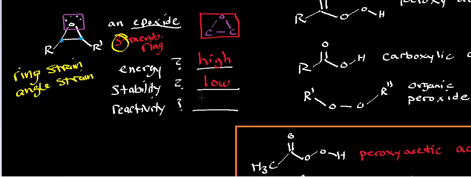And also they're very reactive, which means if you put most things, other reactive things, in the vicinity of an epoxide, they will react with each other. We're also going to look later in other chapters at how you can make epoxides even more reactive. We'll take a quick look at that here in just a few minutes. But hopefully that gives you a little bit of intuition on what an epoxide functional group is.